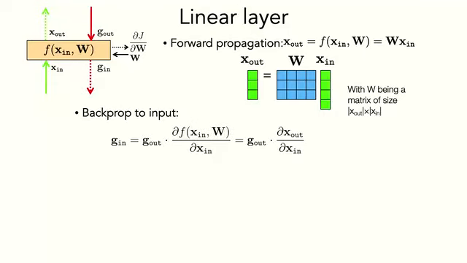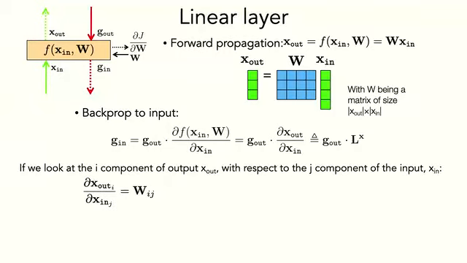If you want to calculate backpropagation to that input, the input gradient is going to be the output gradient multiplied by the derivative of the output with respect to the input. That just looks like this. We look at the ith component of the output with respect to the jth component of the input.